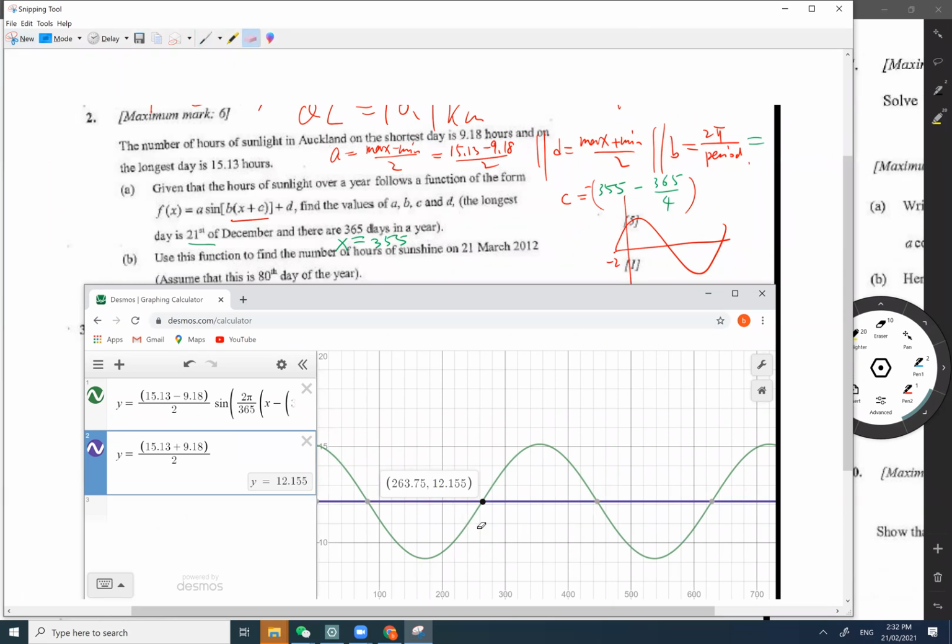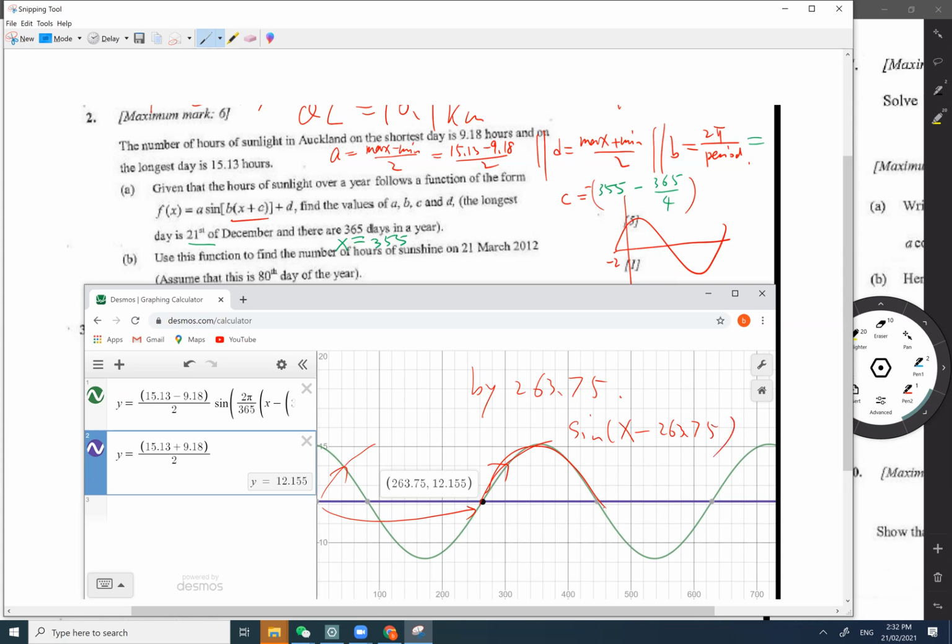Now this curve starts from here, so that means the whole curve moves to the right by 263.75, right? Andrew? Yes. If you move to the right, we write x minus this.